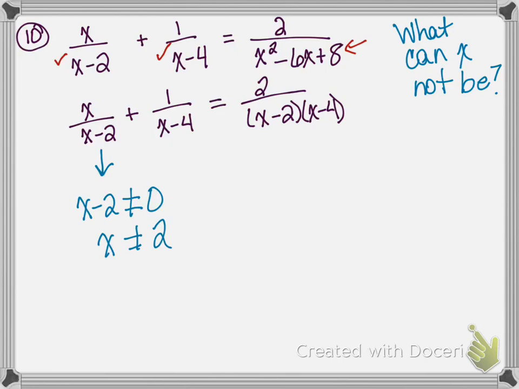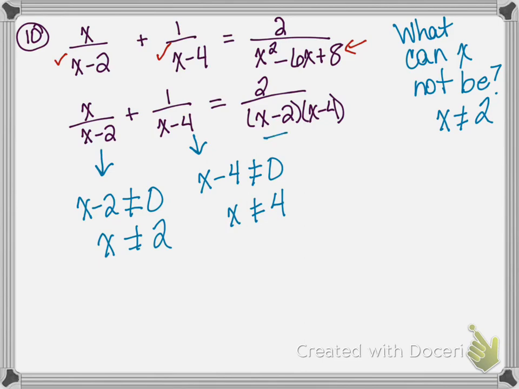So x cannot be positive 2. Then I do the same thing with this one, x minus 4. Okay, x minus 4 cannot be 0. So x cannot be 4.